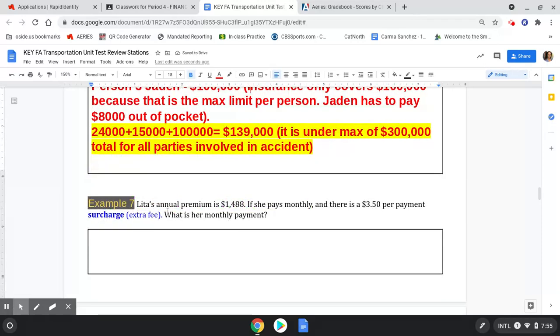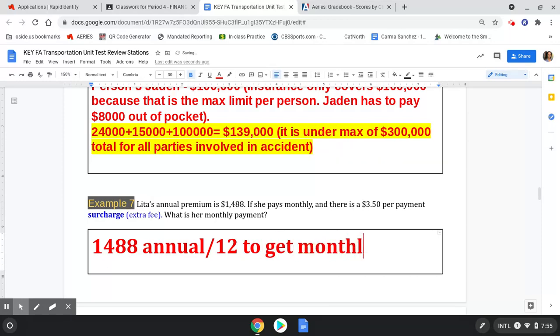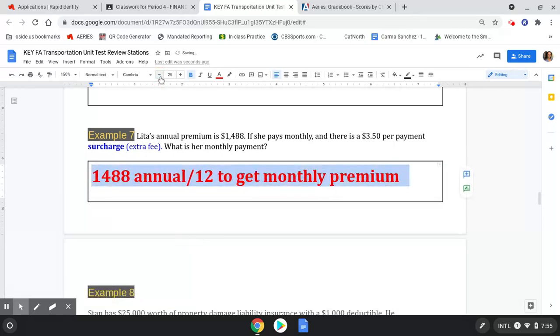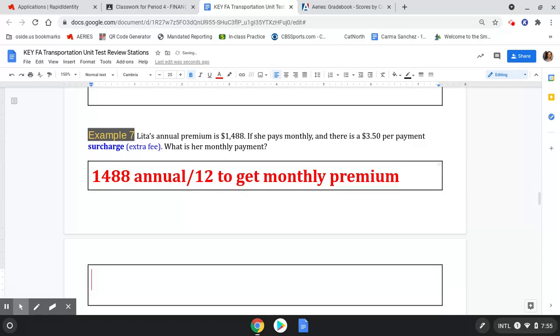All right, and number 7, the annual premium is $1,488. If she pays monthly, there's a $350 per payment surcharge. What's the monthly payment? So again, we want monthly, so we take the $1,488 annual premium and we divide by 12 to get the monthly premium. Okay, so grabbing your calculator, 1488 divided by 12, what do you get?